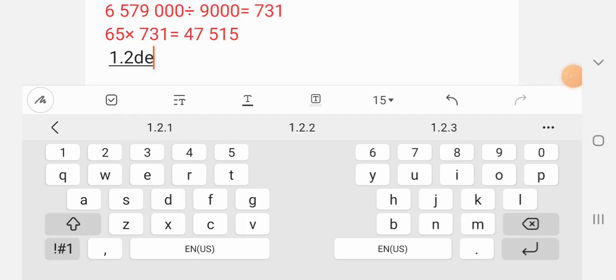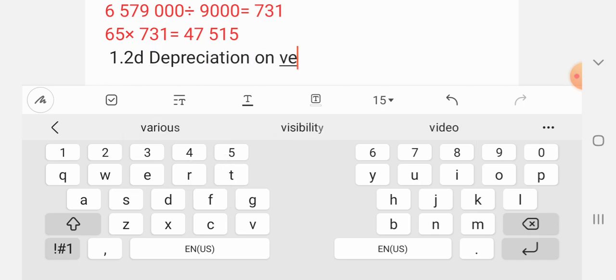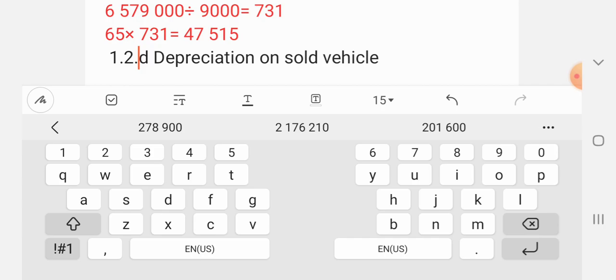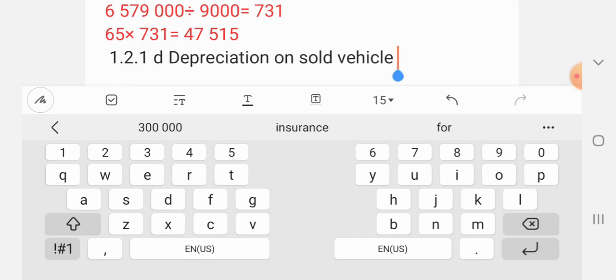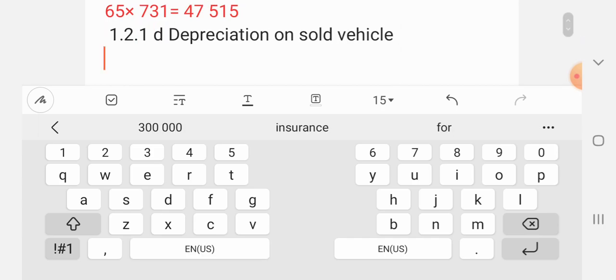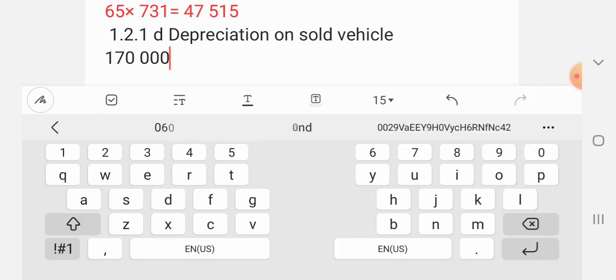So this is the depreciation on the sold vehicle. This is 1.2.1, and then the carrying value is 170,000 rand.